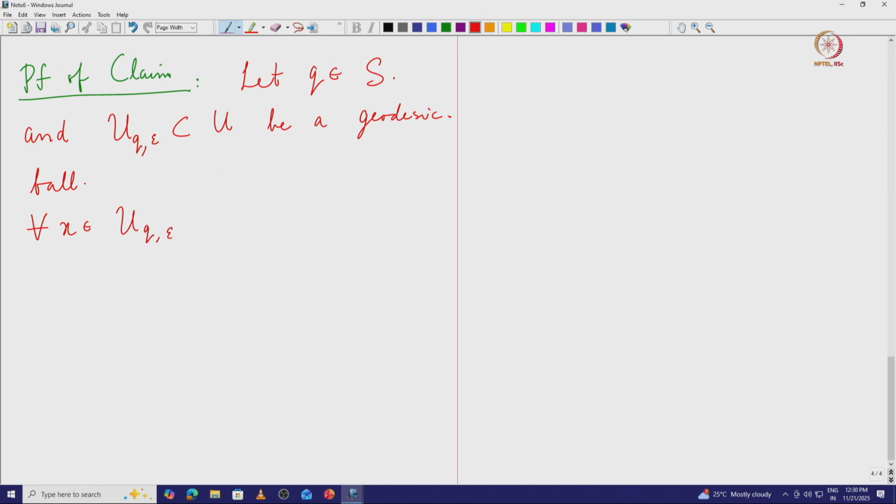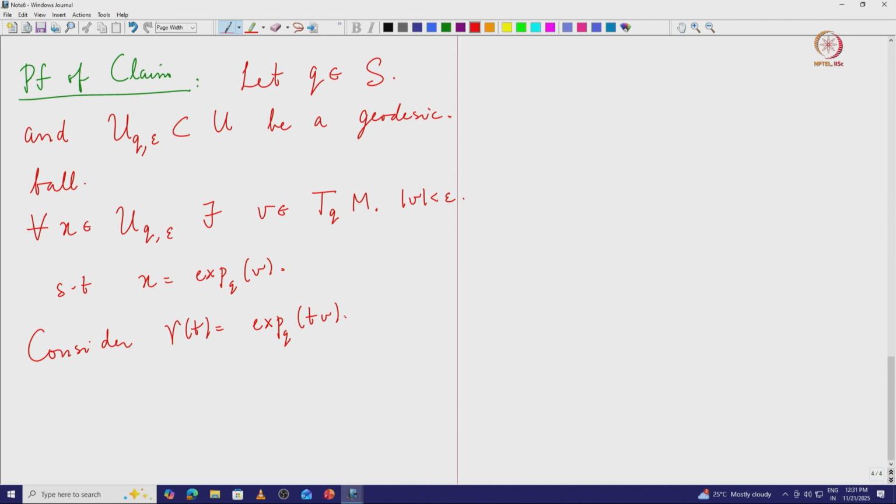Then for all x in U Q epsilon, there exists a tangent vector V of norm less than epsilon such that x is equal to the exponential at Q of V. Then we consider the following geodesic: gamma of t is exponential at Q of tV. Let sigma be equal to phi composed with gamma, and omega be equal to psi composed with gamma.